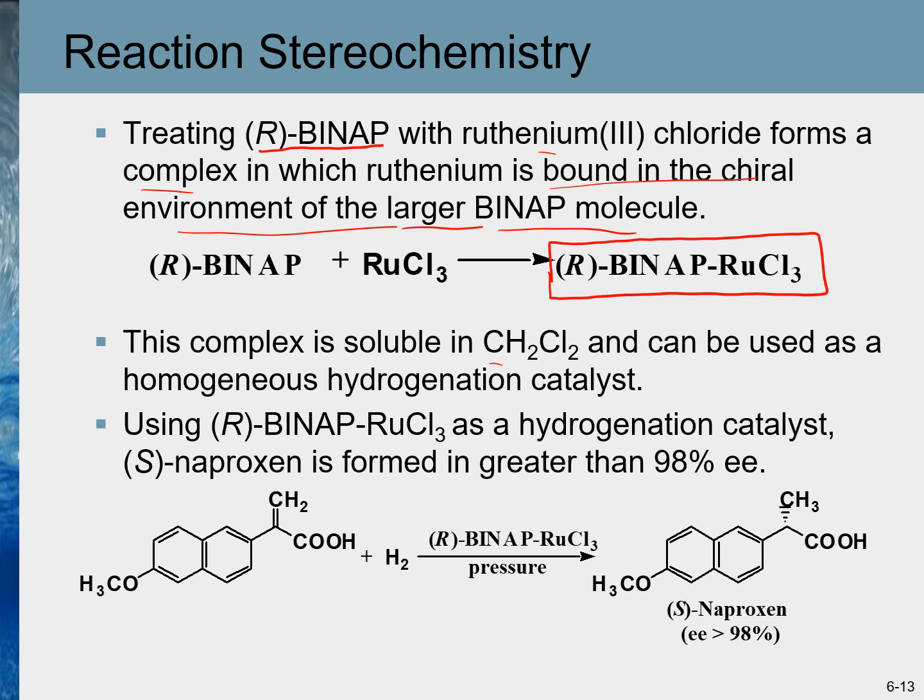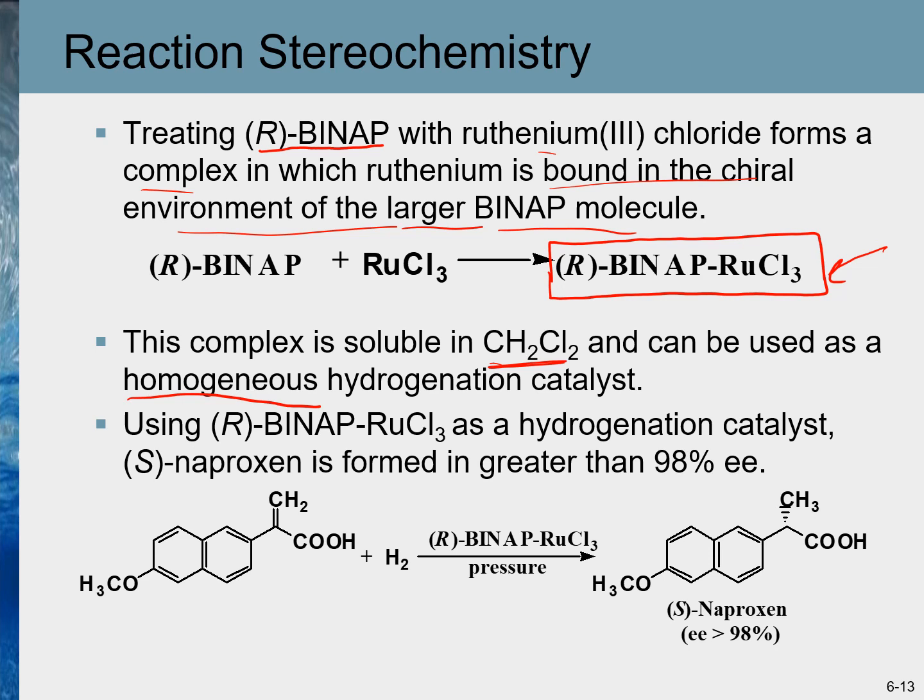So they are in different phases. That's why it's known as heterogeneous catalysis. In this kind of hydrogenation, the entire catalyst as well as our alkene and hydrogen are all dissolved in the same solvent, which is dichloromethane. So therefore this kind of hydrogenation is known as homogeneous hydrogenation reaction.